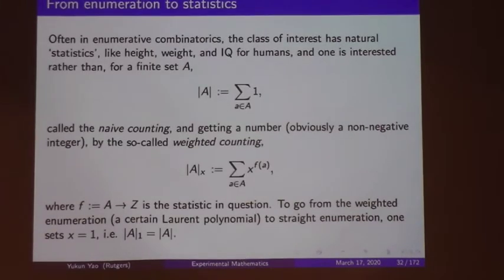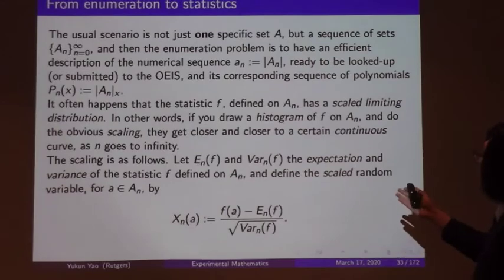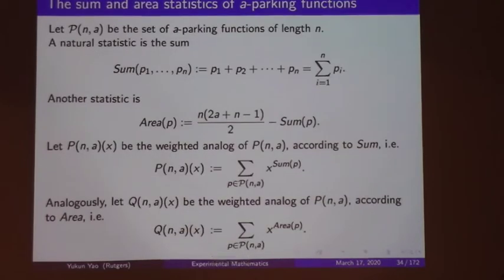And then we want to talk about statistics. We can define some statistics on some discrete set. And also we want to talk about the limiting distribution. So in this part, our focus is the sum and area statistics of a parking function.